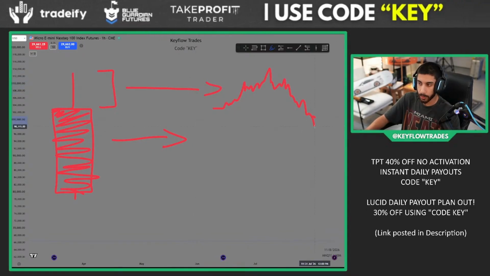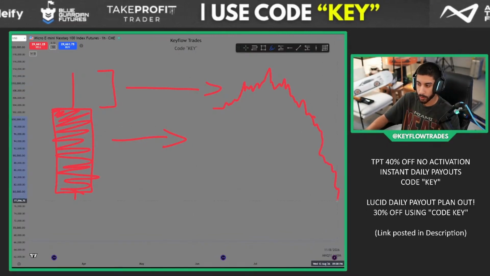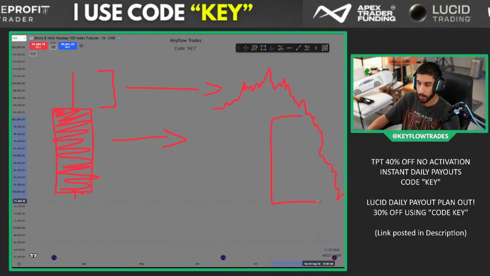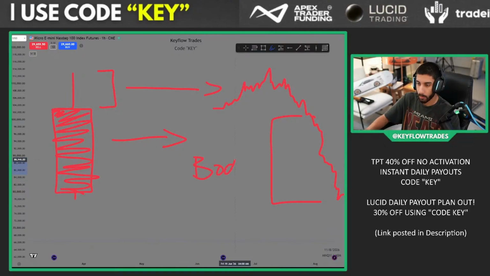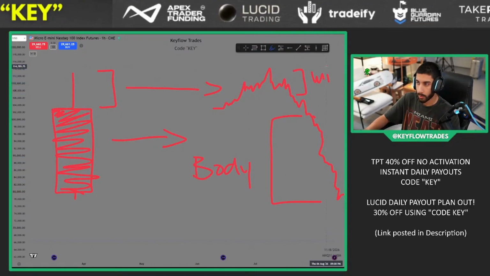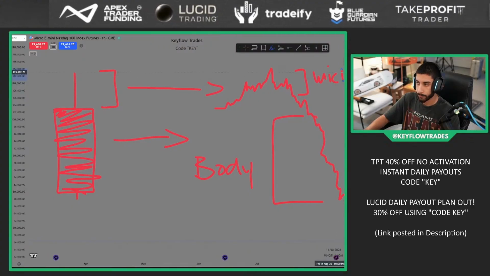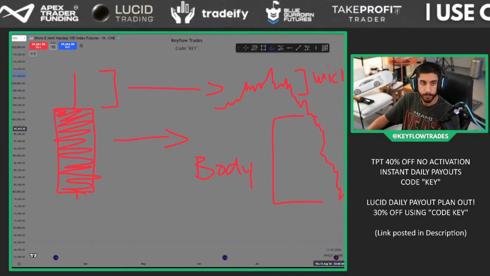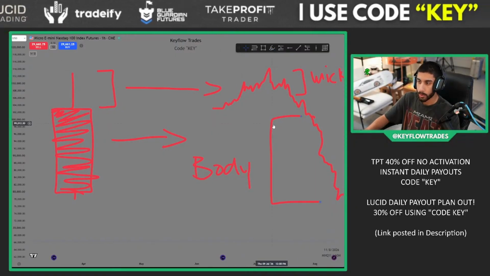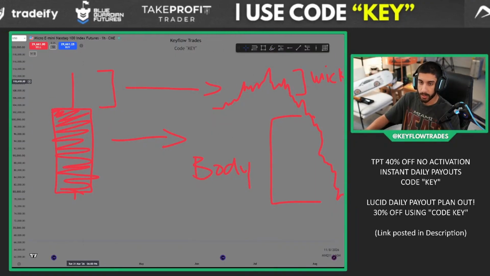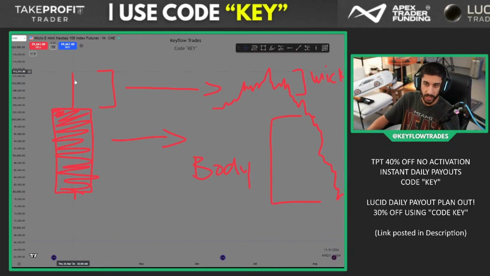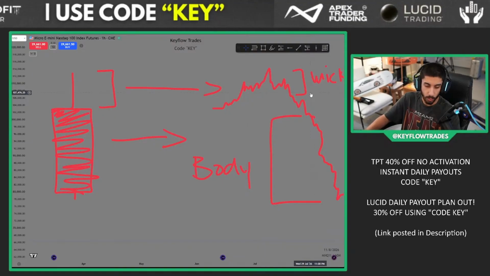And then here's your body, and then here's your close. So the body is this, and this is your wick. When you're looking at this range, that's why the WICK CE works, because the wick of a candle is part of a range. The wick is a range.